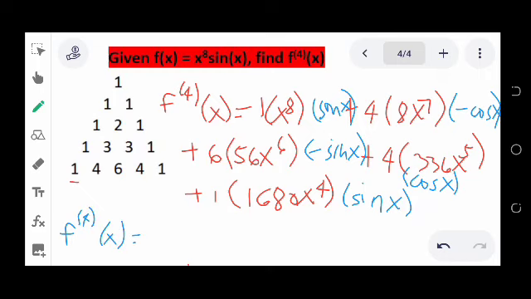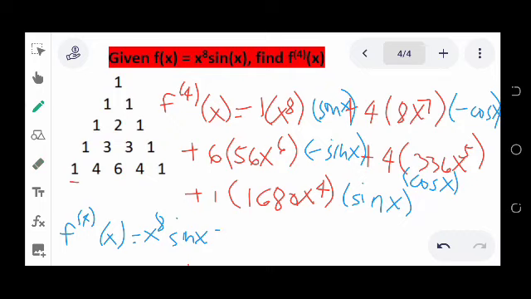Just add them all together. That's x to the 8th sine x, plus you have this one here. You have 8 times 4. This gives you 32x to the 7th, or this will be negative because of the cosine.